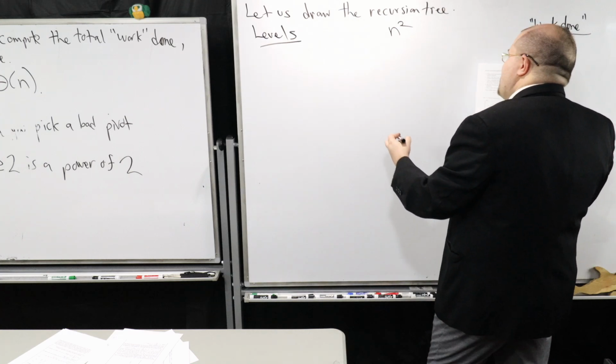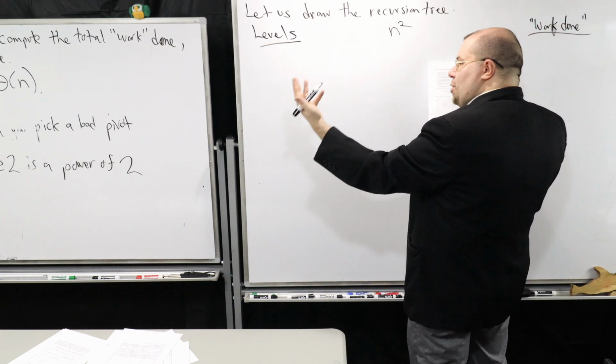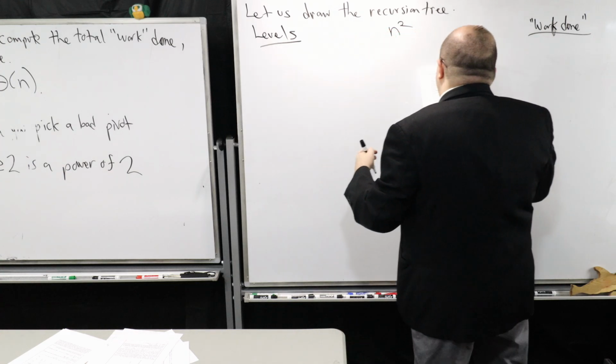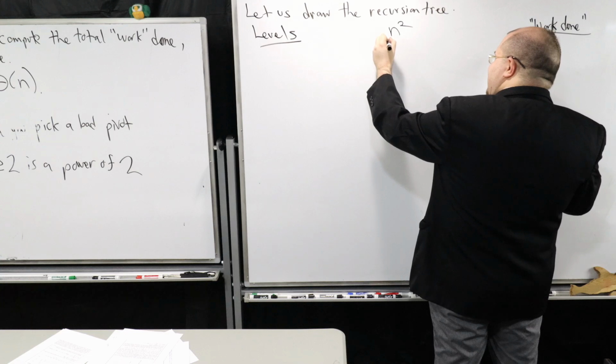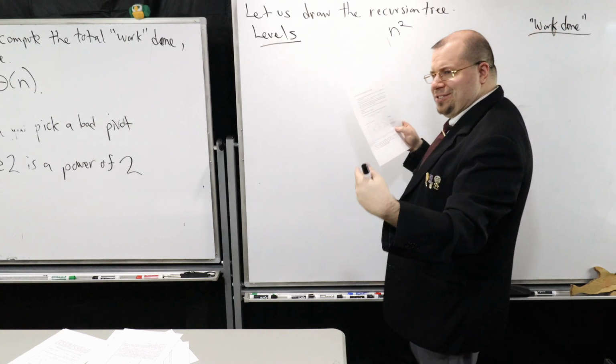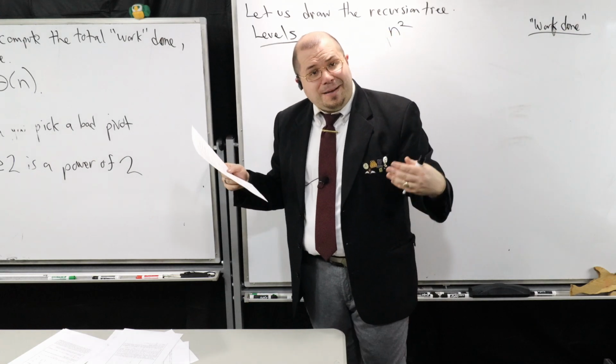So I'm going to write down what the non-recursive work is for the given value of the input. I'm just going to write it out this way because I think it's a little bit easier to see what's happening. You'll find in my examples I do it this way because it's a little bit easier for me to keep track of the levels.